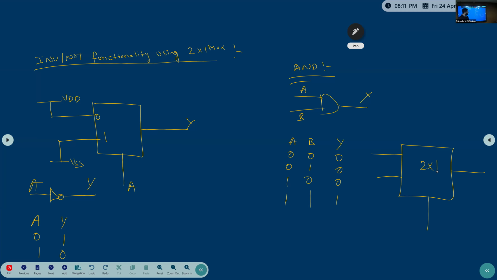Now the question is, I have two inputs, but only one selection line. How can I pass these 4 outputs? How can I do that? Any guess? Any guess? How can we do that?